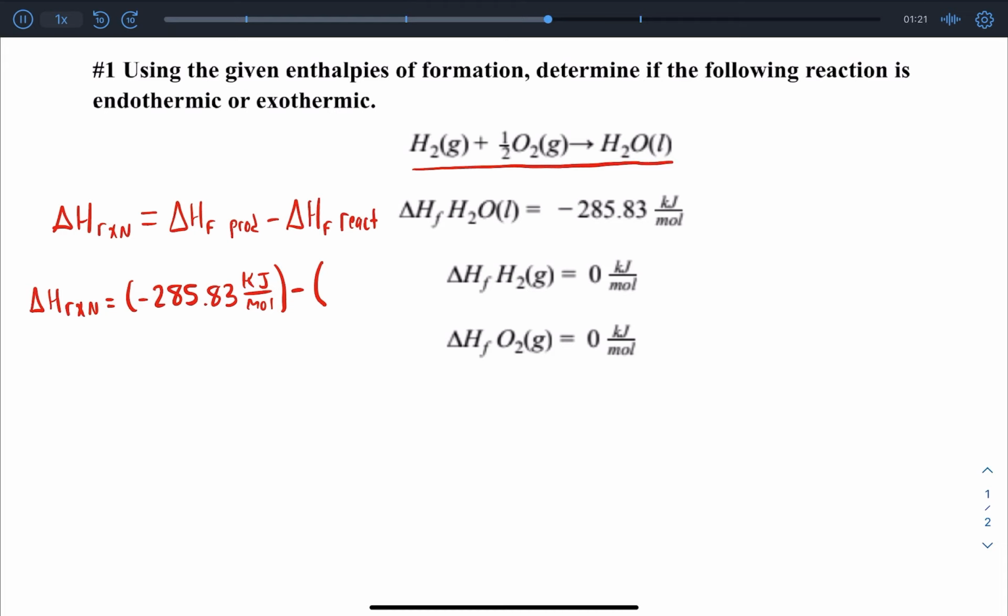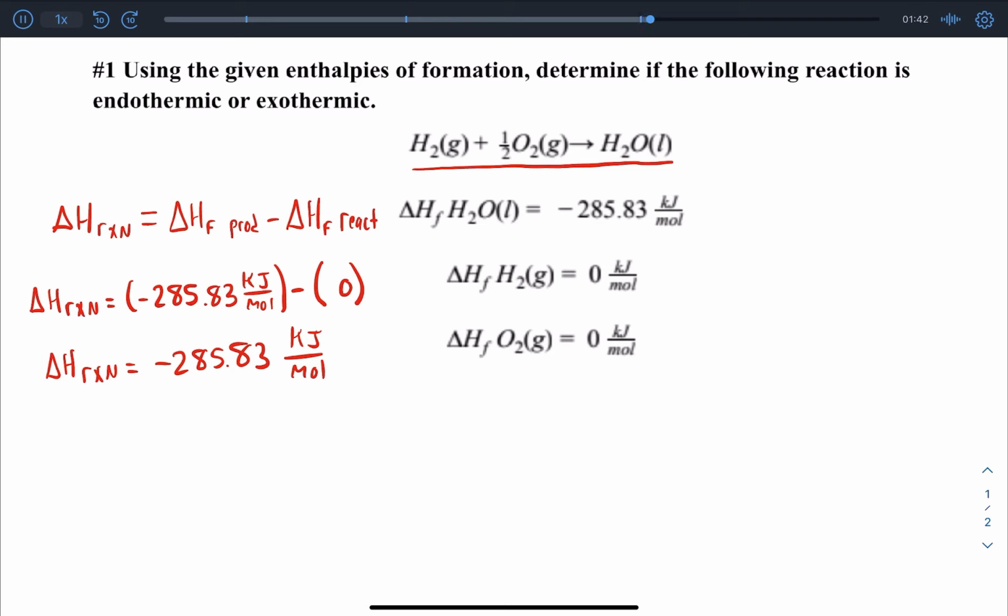And as those are both elements, their standard enthalpies of formation are going to be equal to 0. And so we're left with our enthalpy of the reaction is equal to negative 285.83 kilojoules per mole.